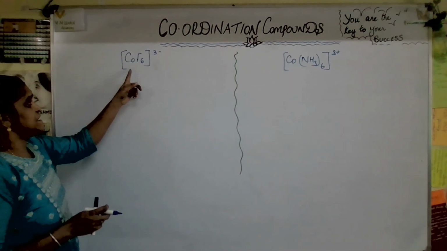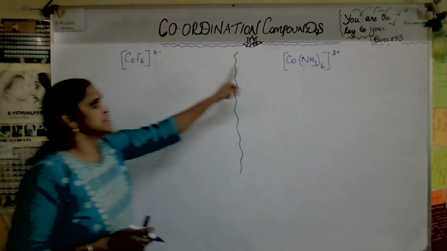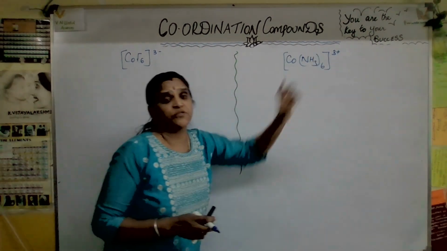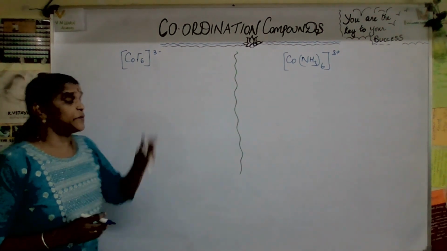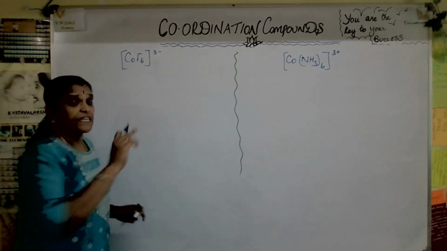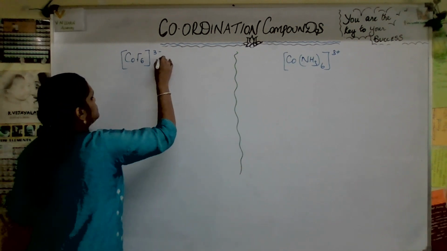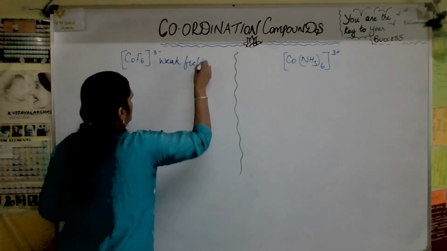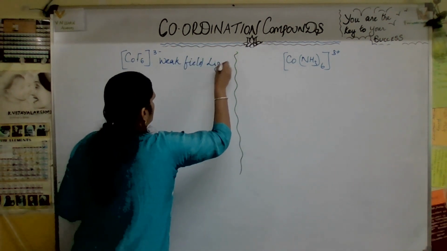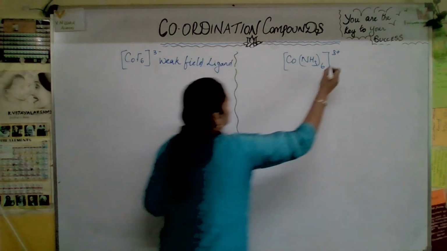So this is the way; we can go for some more examples. Now the next one, [CoF6]3- and [Co(NH3)6]3+. As we look at these compounds, we can come to know that F6, F, is a weak field ligand, and this is a strong field ligand.